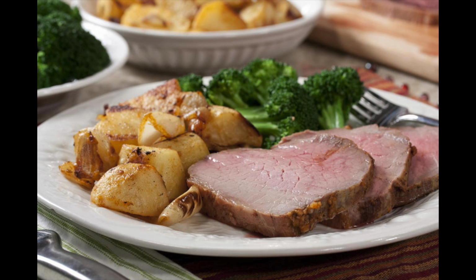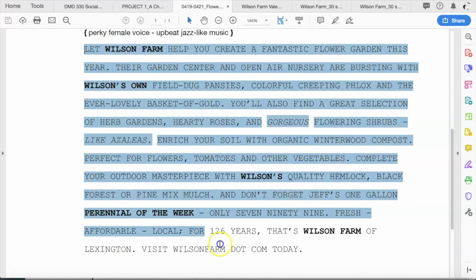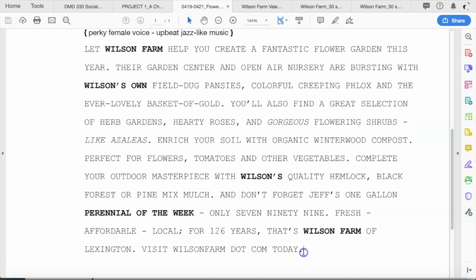Okay, now we get into the meat and potatoes of it, which is the actual copy. Now, the reason it's written double-spaced, all in caps, is because it makes it easier for the voice talent to actually read it. Oftentimes, the voice talent only has a short period of time to pre-read your copy and practice with it. This is not like voice talent for, say, an animated movie or a video game where they spend months and months on it.